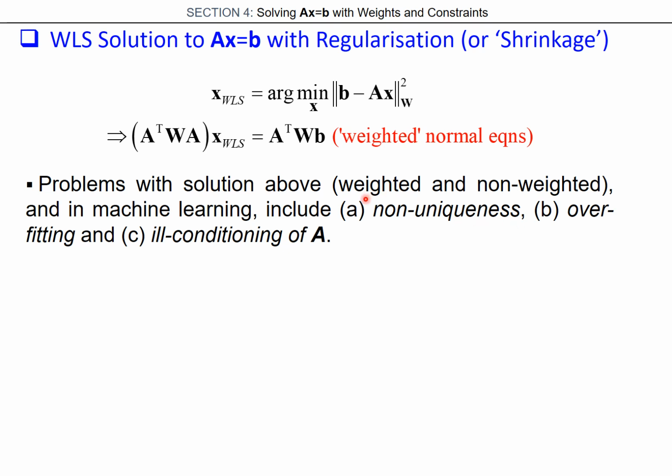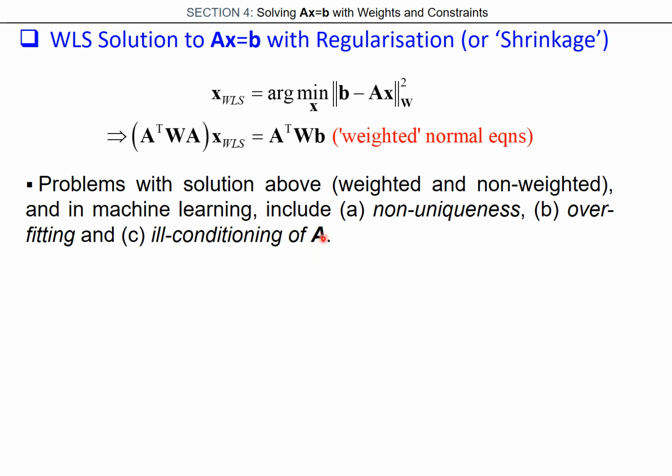Non-uniqueness is when we get an infinity of solutions either to the least squares problem or to the AX equals B problem. Another case is overfitting, where we start trying to model the noise more than the actual trend itself. And finally, we've got ill-conditioning of A.